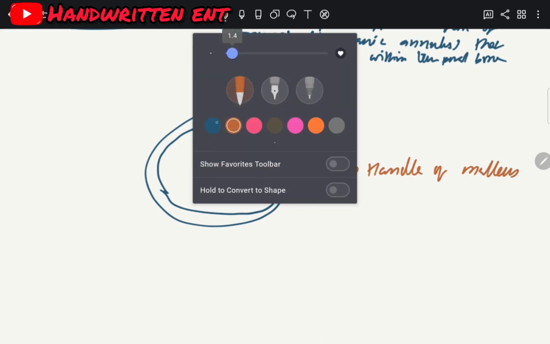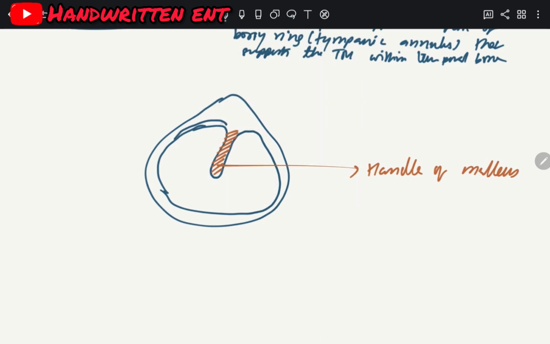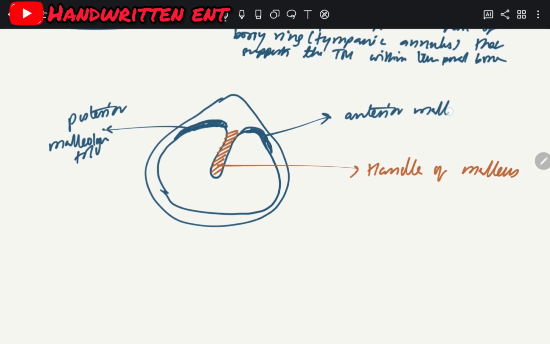This part posteriorly, it is the posterior malleolar fold. This is the anterior malleolar fold.